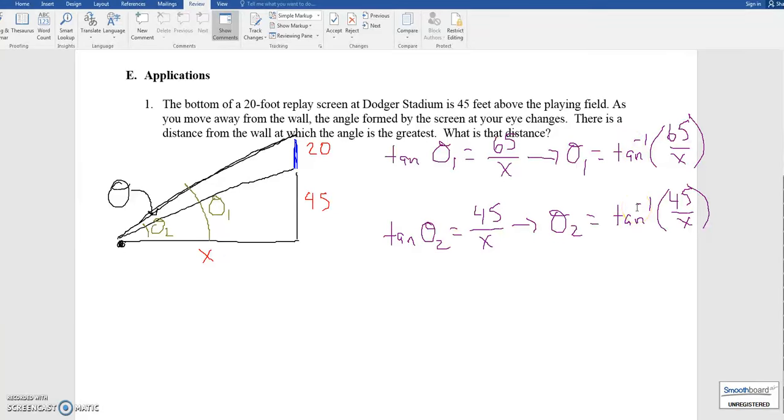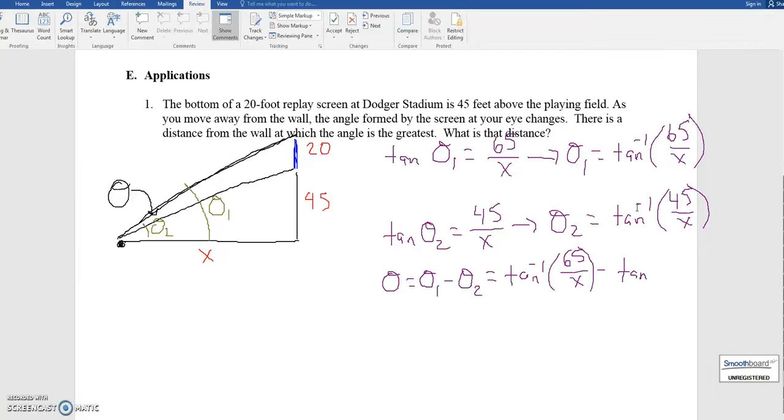So theta is going to equal theta sub 1 minus theta sub 2, which, according to what I have up there, theta sub 1 was inverse tangent of 65 over x, minus theta sub 2, which was inverse tangent of 45 over x. Let me just kind of split some of this up here a little bit.